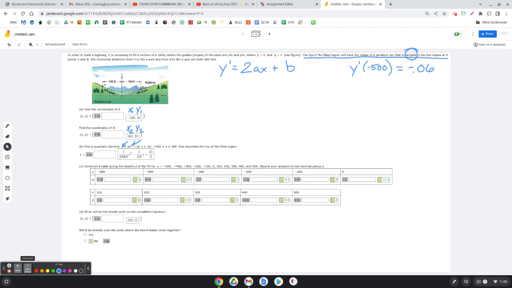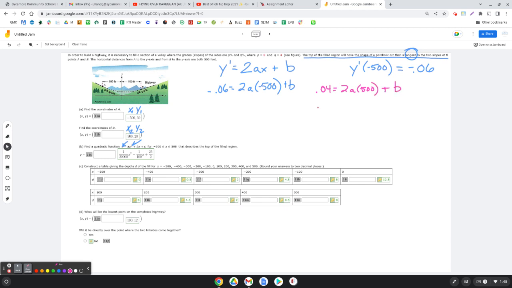So check this out. We know that the slope is negative 0.06, where x is negative 500. Now, Monica noticed that we can't solve this for a and b because there's two variables. However, we also know that positive 0.04 is 2 times a times positive 500 plus b.